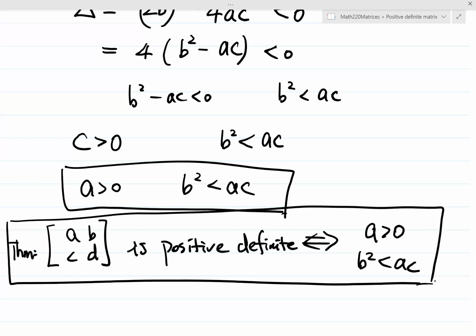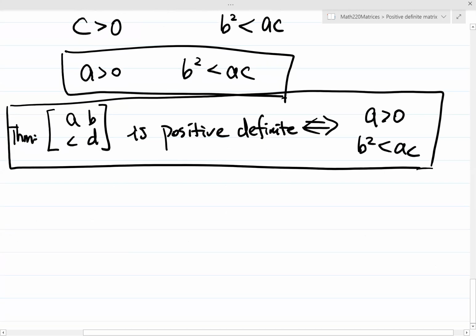Now we start certain properties about positive definite matrices. Let's see the property. An easier one: if two matrices are positive definite, then so is their sum.